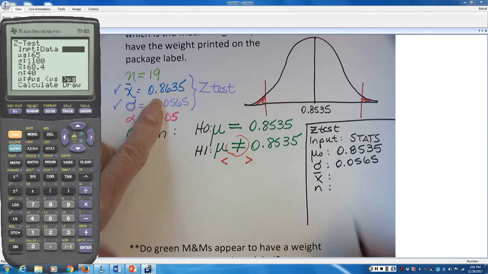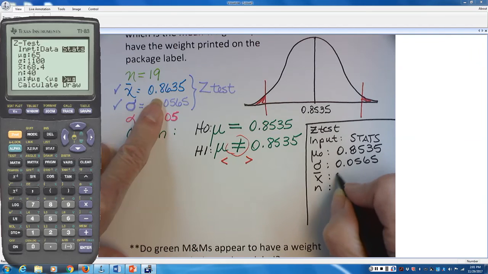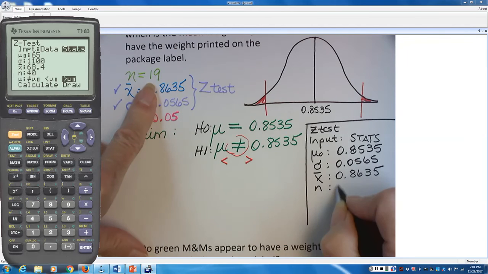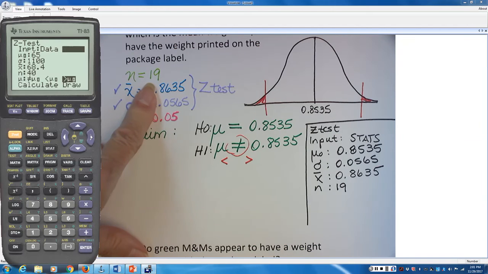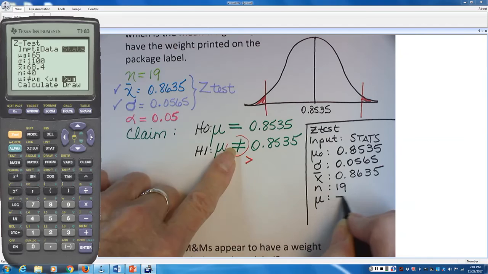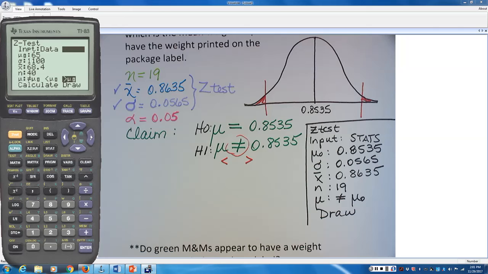So X bar is 0.8635 and sample size was 19. And then it's going to ask us about H1, and it's not equal to, and we're going to draw and see what that curve looks like.